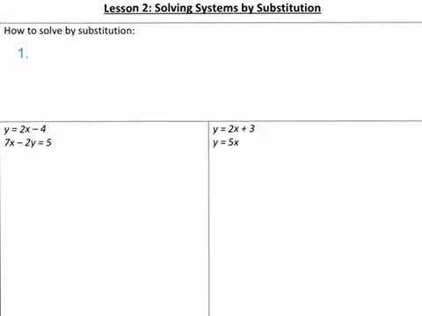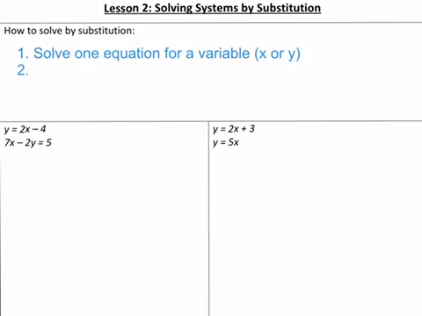So the first step that you do is solve one equation for a variable, either x or y, which usually you'll do y, and you'll see it'll be in slope-intercept form or something, but that's what you do first. The second is substitute the expression in for that variable.